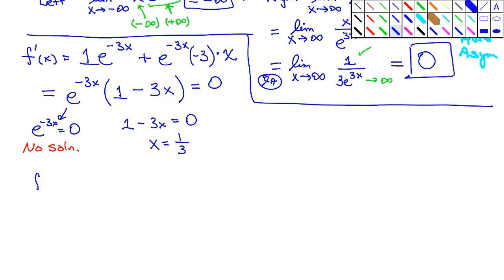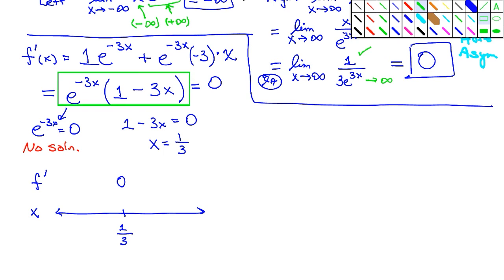Let's make a sign chart. So we get 1/3, and then we get 0. And we're going to test in this version of the derivative right here.